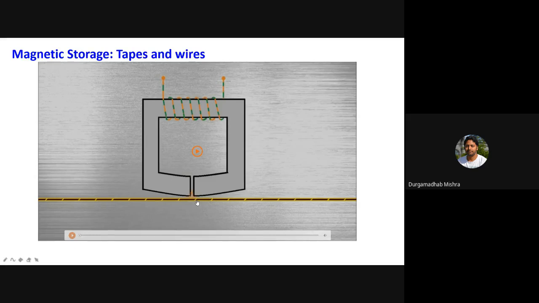Due to this movement there will be a change in flux. This is a magnetic material, it has a magnetization, or it generates some magnetic field. When it moves, it creates a changing magnetic field, and due to this changing magnetic field it will induce a current in your reading or recording head.